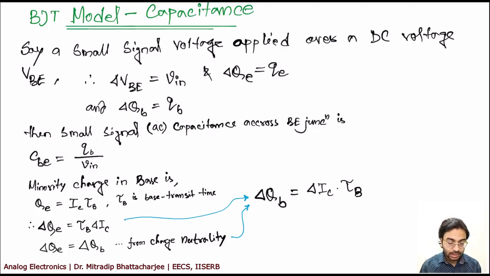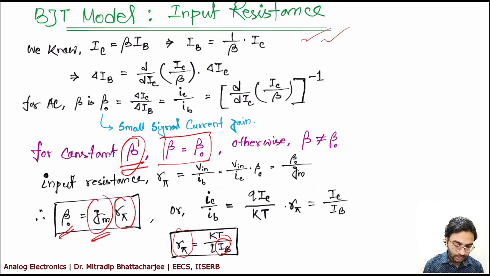So we are so far interested in the AC value, and we already have said delta VB can be termed as Vin. So change in the VB, this is the input, right? We already have shown that this is the input.